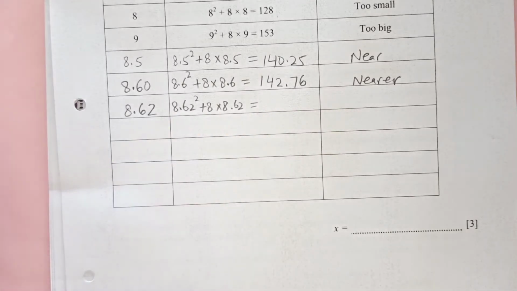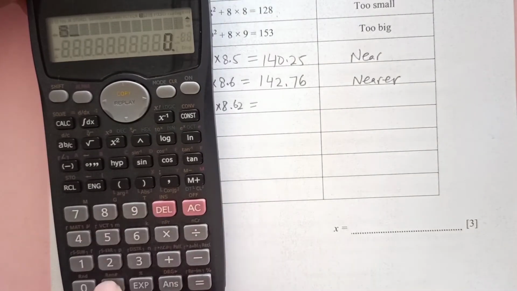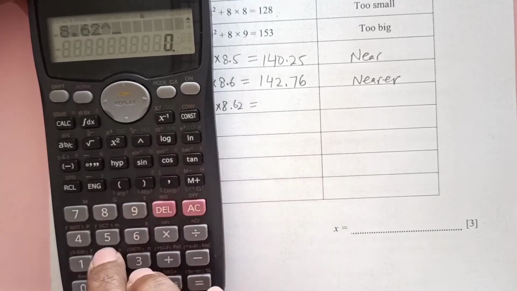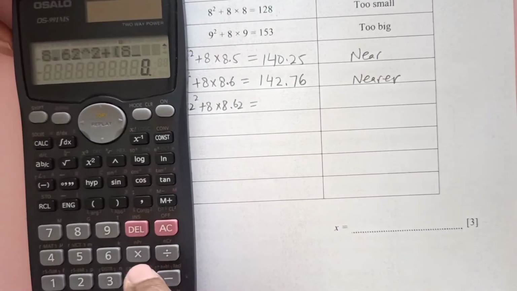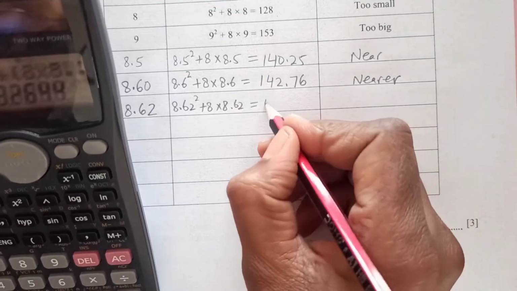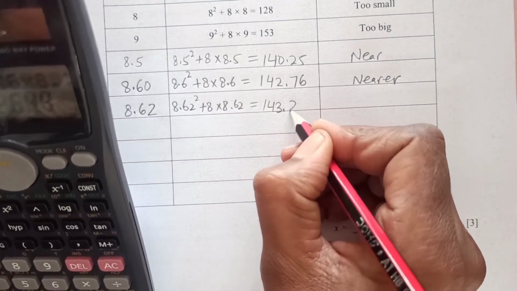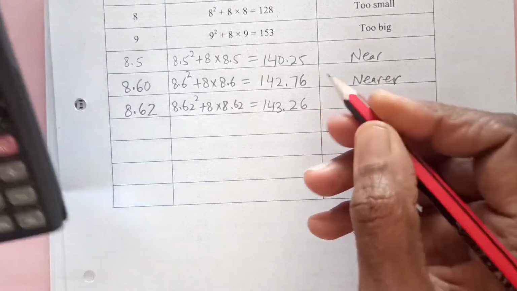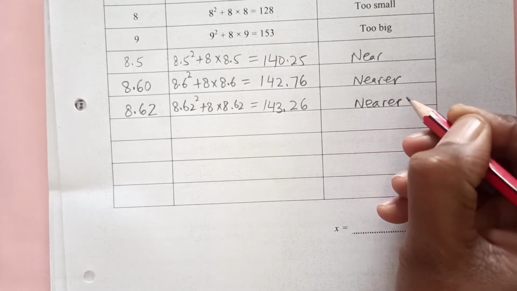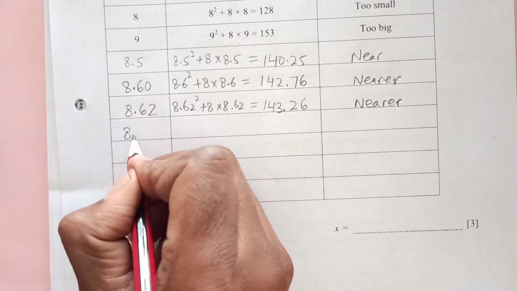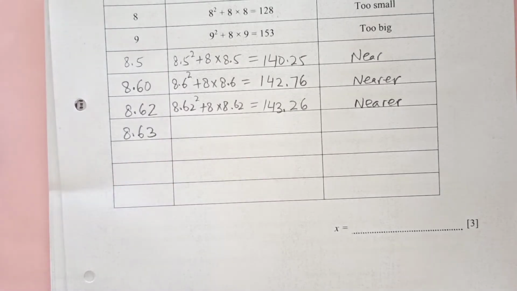Let's see how much that is. It is 143.26. This is closer to that. This is again nearer. So let's say we are taking 8.63.